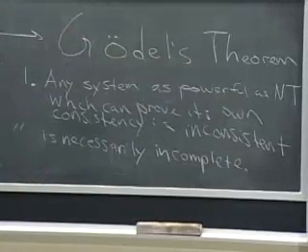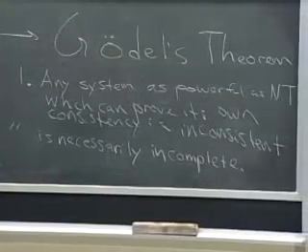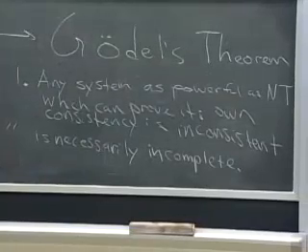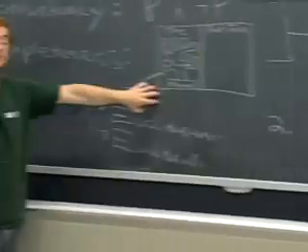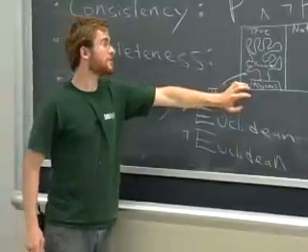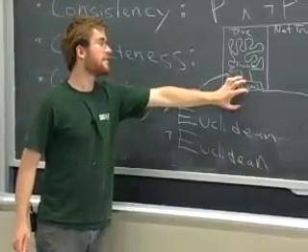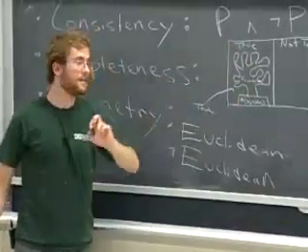So this means that any system which is as powerful as number theory automatically looks like this. There are true statements which we can formulate which are not provable.